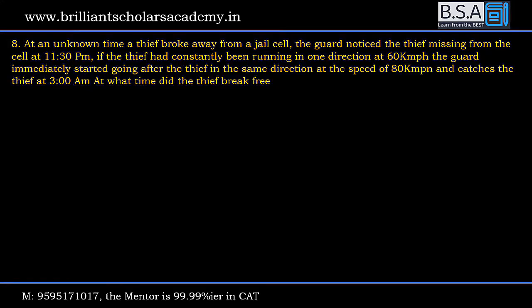The guard noticed the thief missing from the cell at 11:30 p.m. If the thief had constantly been running in one direction at 60 kmph, and the guard immediately starts going after the thief in the same direction at a speed of 80 kmph, and catches the thief at 3 a.m., at what time did the thief break away?